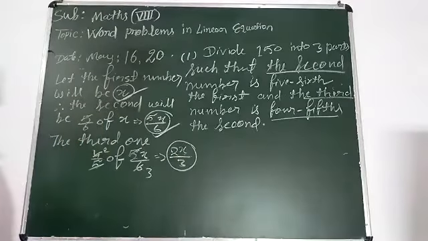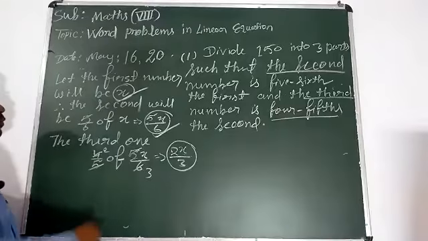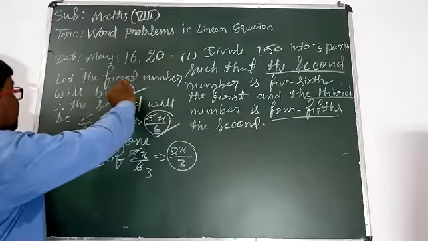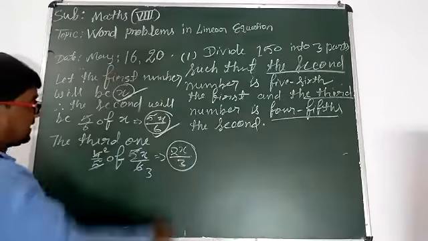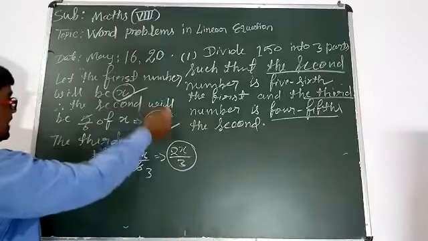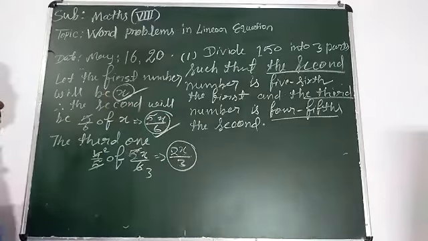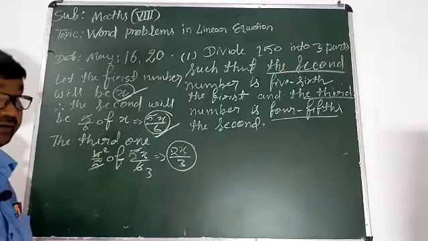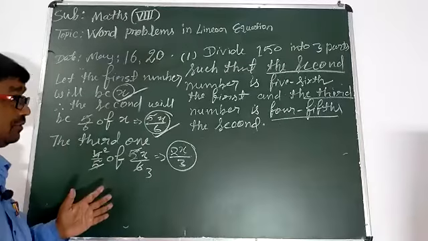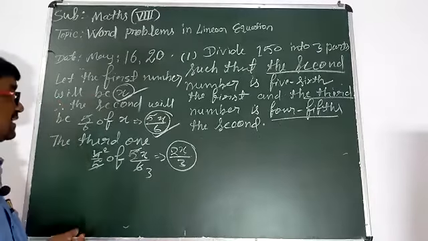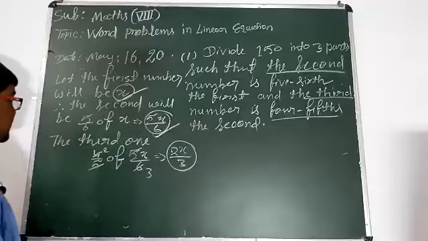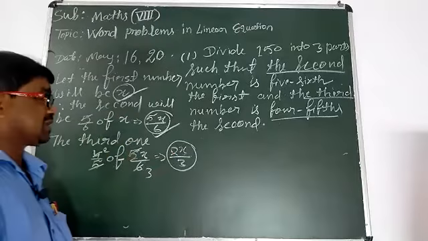In this way, we will get first, second, and third. But the original number is 150. This is the division. Okay, the first number is x, the second number is 5x upon 6, and the third number is 2x upon 3.